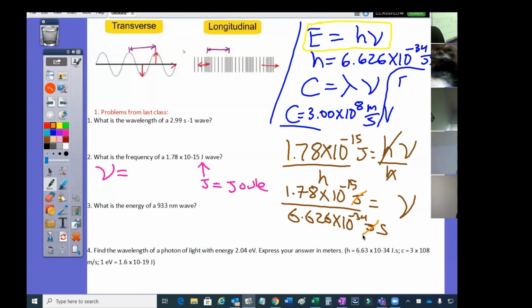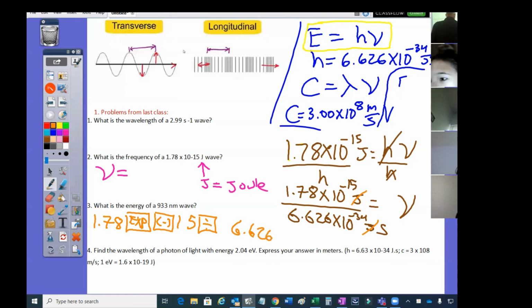Plugging this into my calculator, I would do 1.78 EXP, change of sign, 15. I would hit the divide by, and I would hit 6.626, EXP, change of sign, 34, and I'll hit the equal sign.